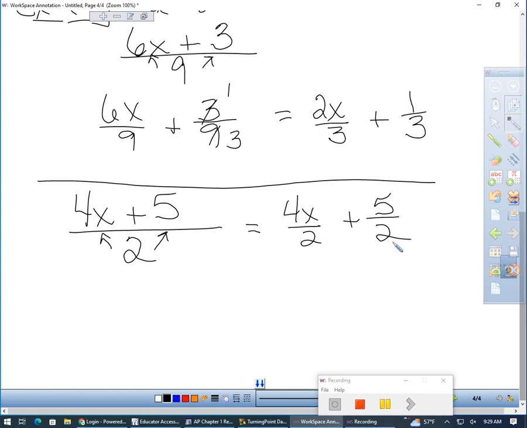Can we reduce either one of them? Which one? The 4 over 2 reduces to just 2. So we have 2x plus. Can I reduce 5 over 2? Nope. So I have to leave it as 5 over 2. 5's an oddball. Nothing reduces with it unless it's 10 or 15. But, yeah. All right. So any questions?